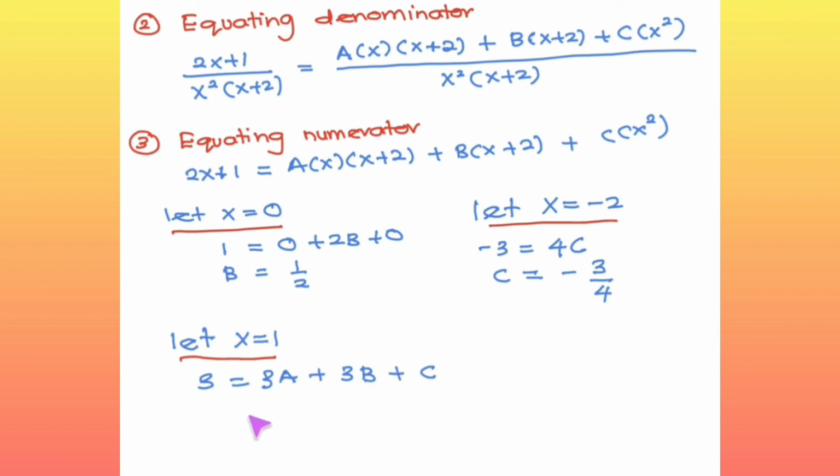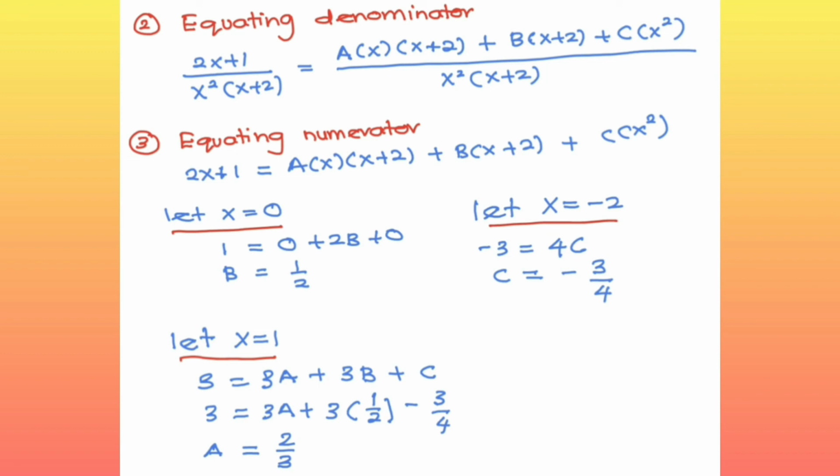Okay, substitute back the value of b and c, so we have here 3a plus 3 times 1 over 2 minus 3 over 4. Okay, what is the value of a? From here we know that the value of a is 2 over 3.